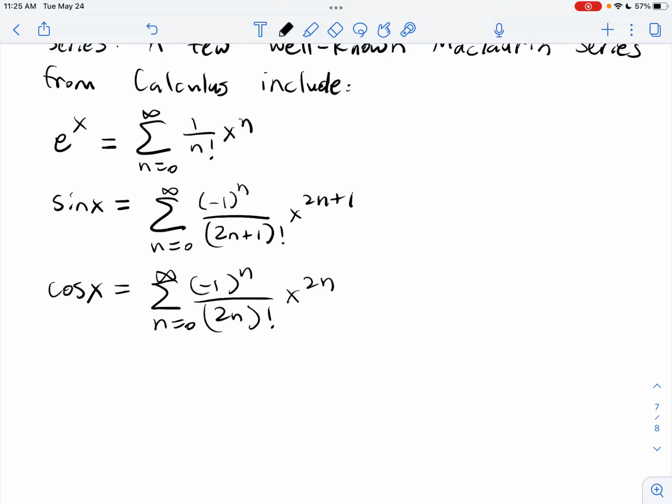The way I remember these is the fact that sine is an odd function, cosine is an even function, and that's how they have the odd and even terms there. These are all from calculus, okay? There are, of course, a lot more, but you don't need to memorize these. I'm just reminding you.